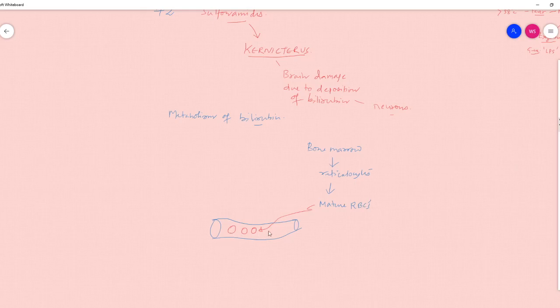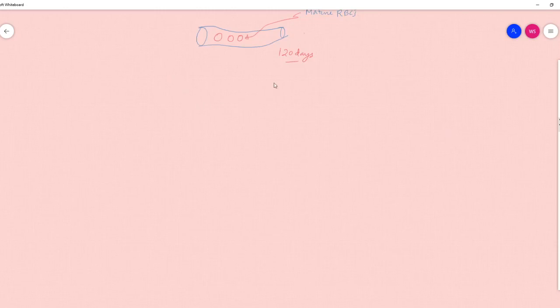Now, these RBCs travel throughout the body, the blood vessels, and they lose their membrane integrity in about 120 days. Their membrane becomes compromised. Then what happens? They are taken up by the phagocytic cells.